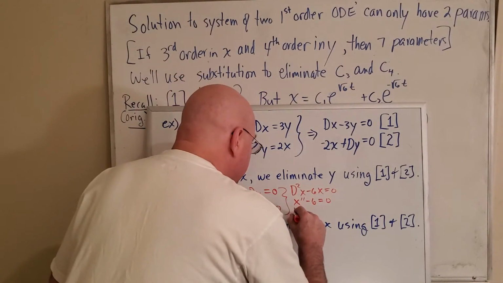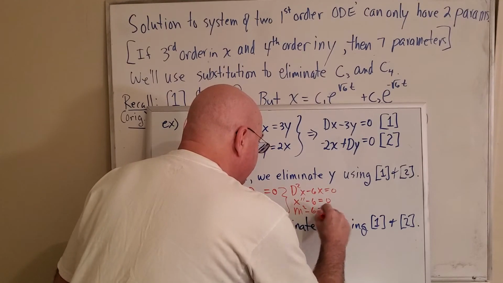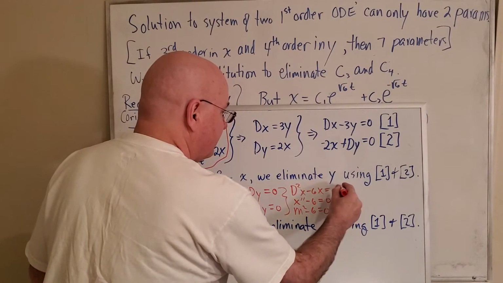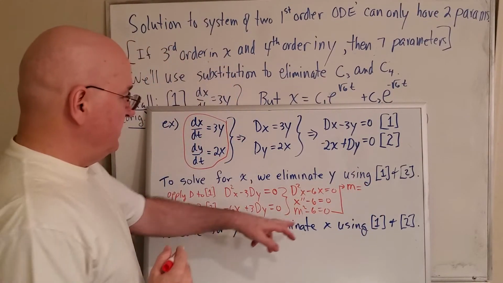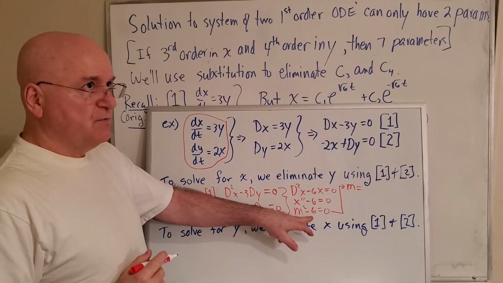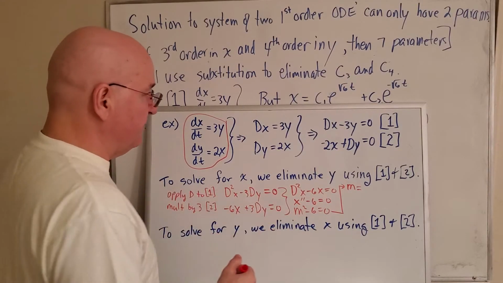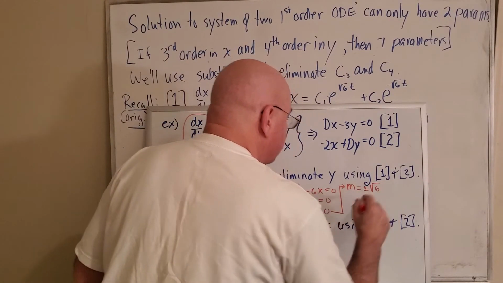The characteristic equation would be m squared minus 6 equals 0. So from there, I get m equals, well, if you treat it like the difference of two perfect squares, it would be m plus radical 6, m minus radical 6. So it's going to be plus or minus radical 6.